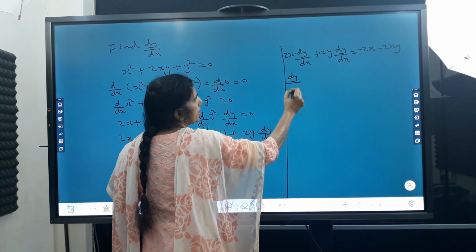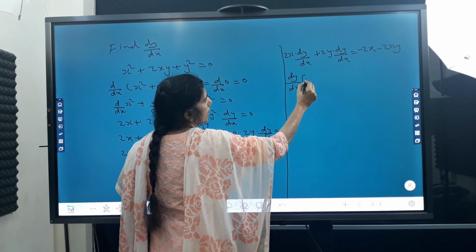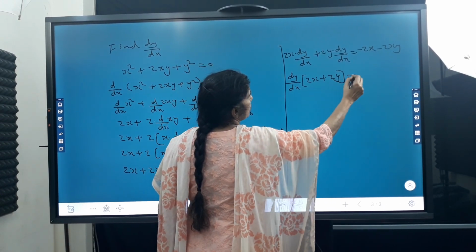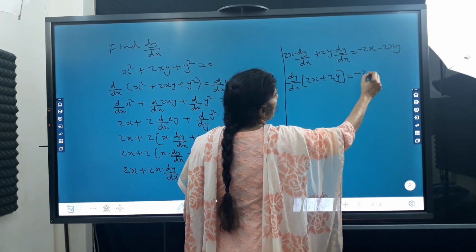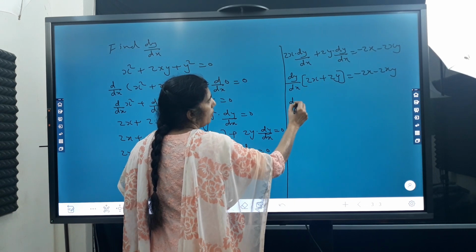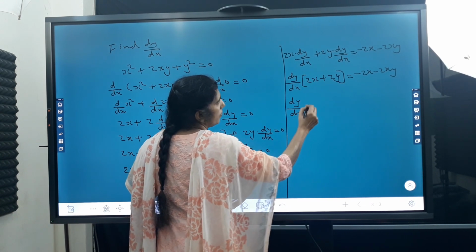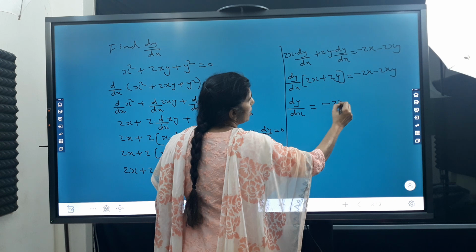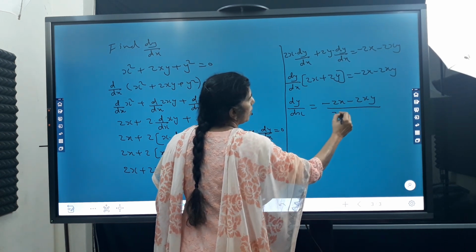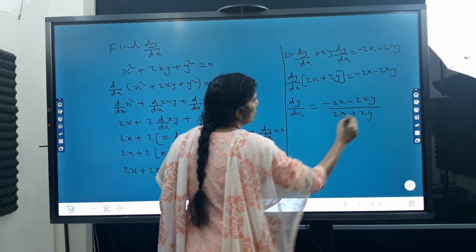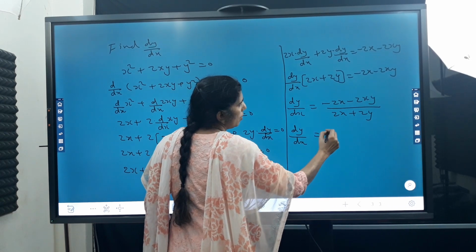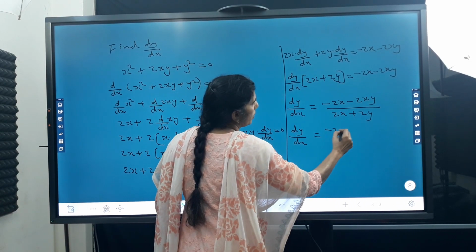Take dy by dx outside, so inside the bracket you get dy by dx into 2x plus 2y equal to minus 2x minus 2y. Now you can write dy by dx as minus 2x minus 2y upon 2x plus 2y. You can take 2 as a common factor from numerator and denominator.